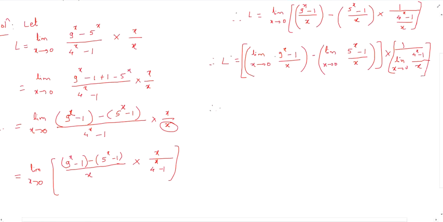Now therefore L is equal to, if you look at this first term, this is in the standard form, that is limit x tends to 0, (a^x - 1)/x, so its limit is log of a, but a is equal to 9, okay, minus the limit of the second term is log of 5, and into the limit of this term is log of 4.